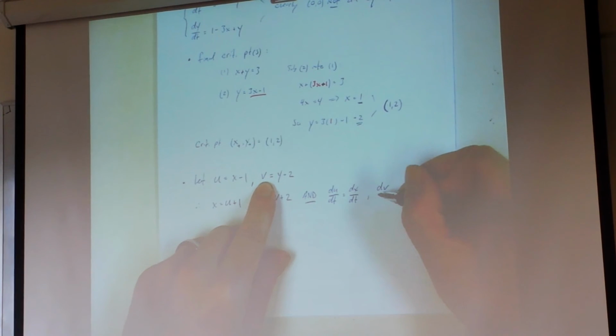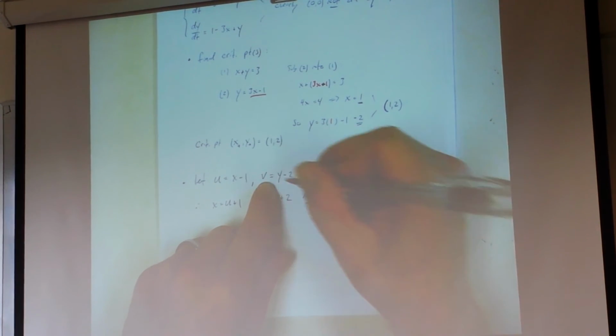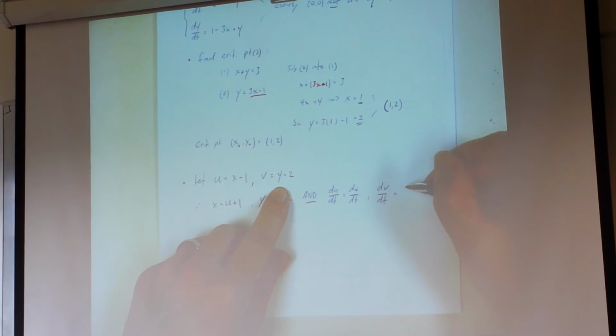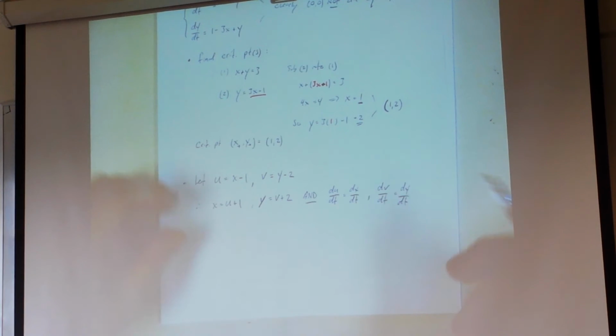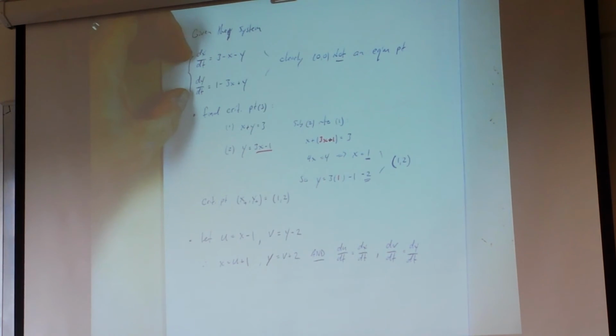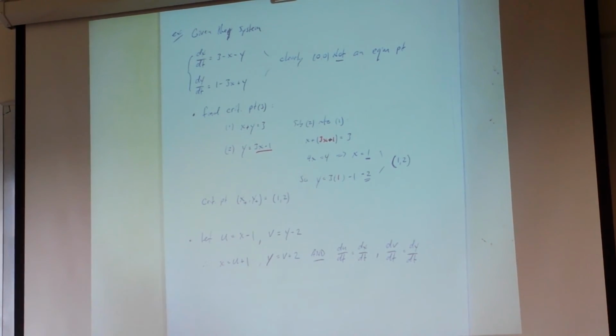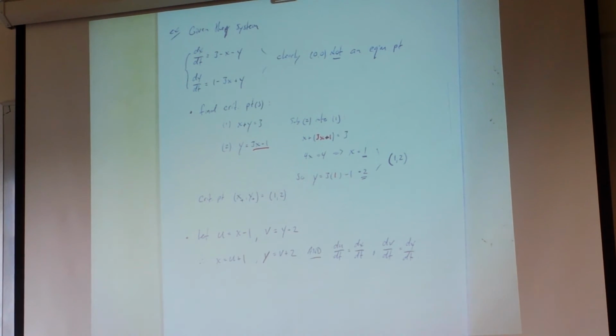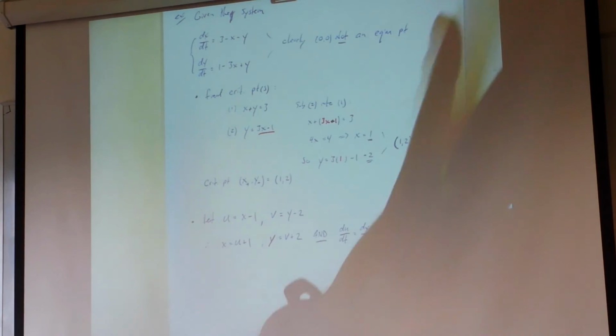Differentiate both sides with respect to t: dv dt equals dy dt minus, and the constant goes to 0. So we're taking this system from the xy plane and shifting it over. Technically, we're putting it into the uv plane, but u and v just represent rigid shifts. So we're just moving everything over.